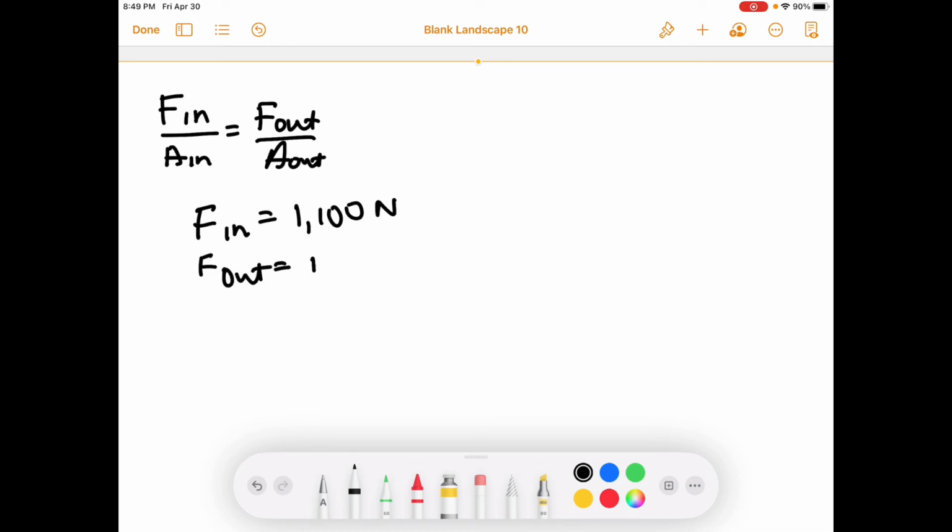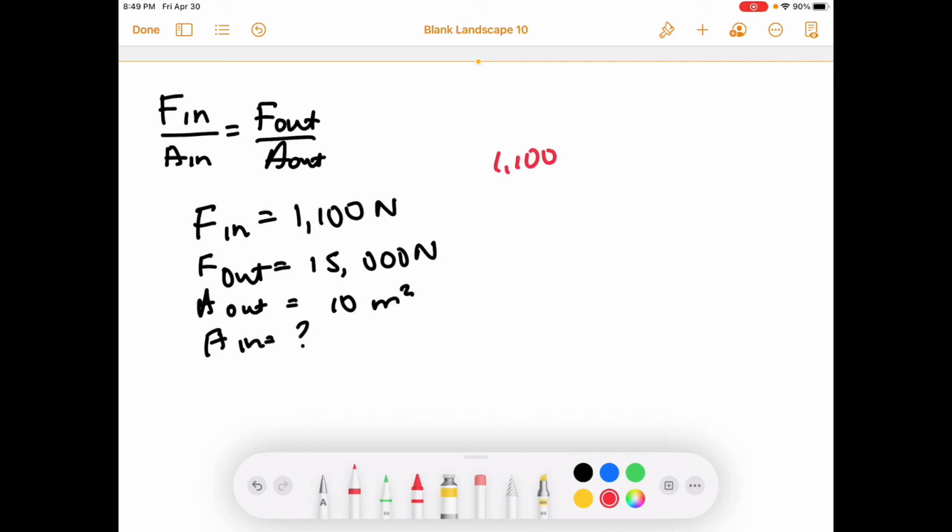F out is going to be 15,000 newtons. A out is going to be 10 meters squared. We don't know An.